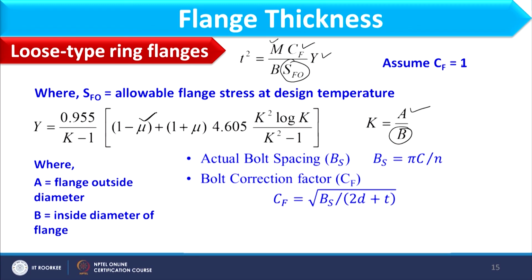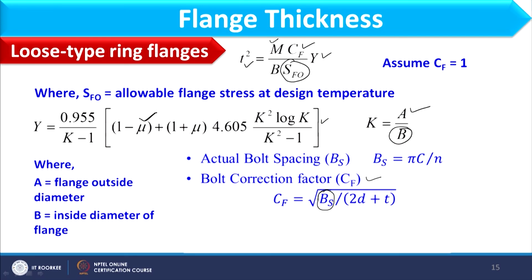Now, how do you have to calculate? First of all, we will consider CF as 1. Y I have already calculated from this expression, and the other parameters I already know. So, considering all these parameters, I will find the value of t. Once the value of t is found, we can calculate the bolt correction factor CF, which is given by the square root of Bs divided by (2d plus t).